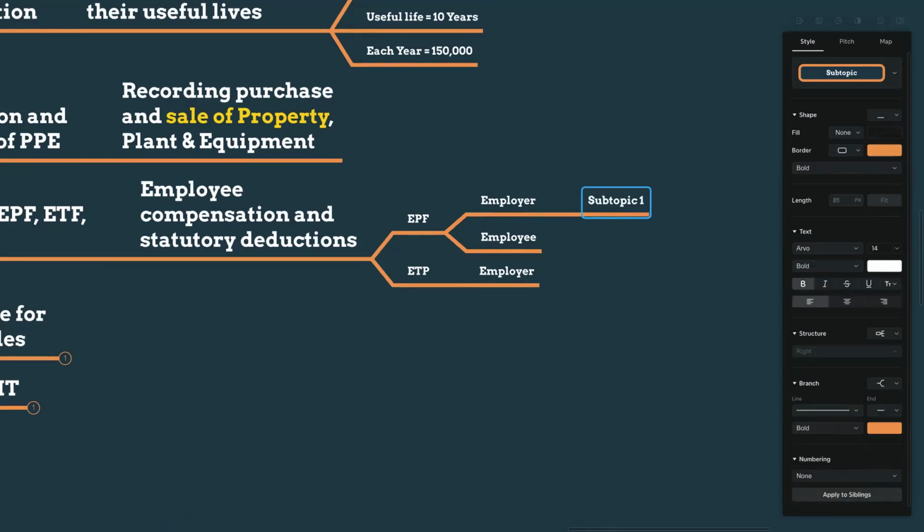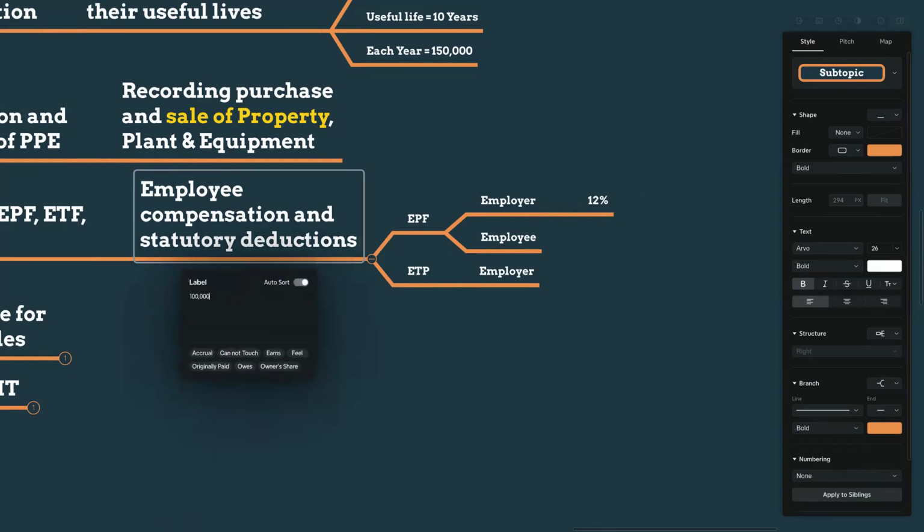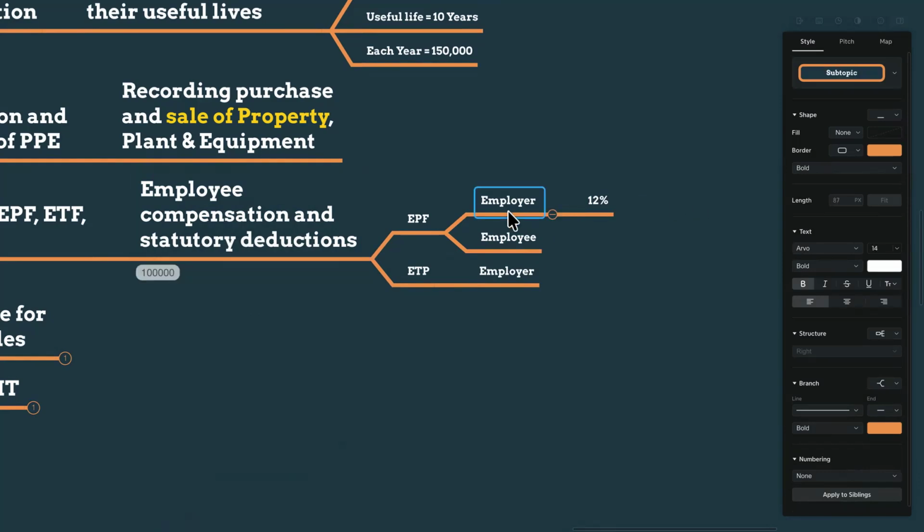This employer contribution for the moment, my dears, is 12 percentage. Let's say, for example, your salary is 100,000, right?